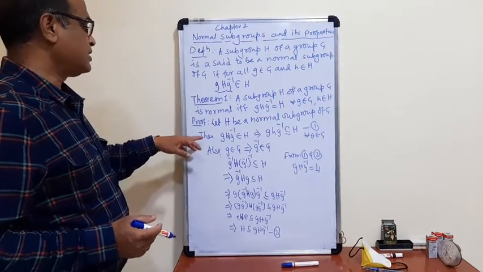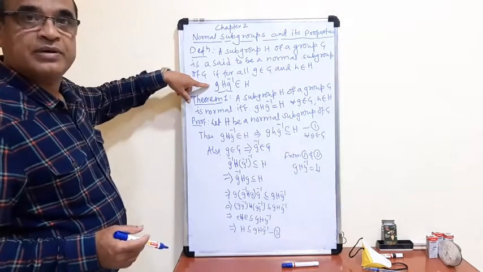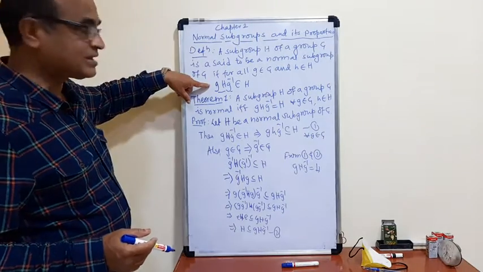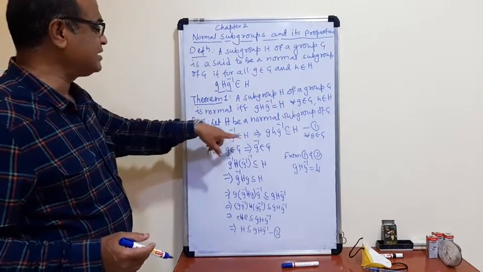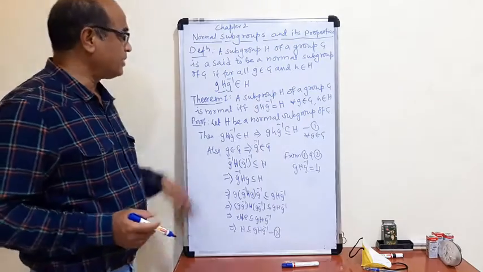So by using the definition of normal subgroup, g inverse belongs to H by definition.